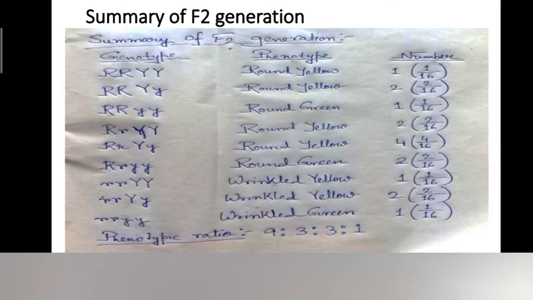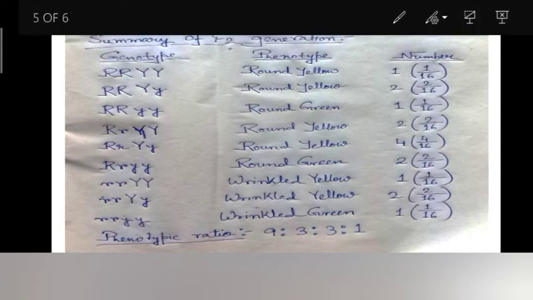If you summarize the F2 generation, you can see that here the genotypic column, here phenotypic column, and the number of frequency.